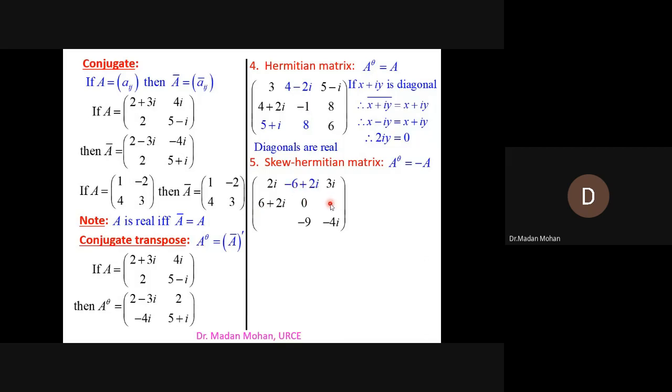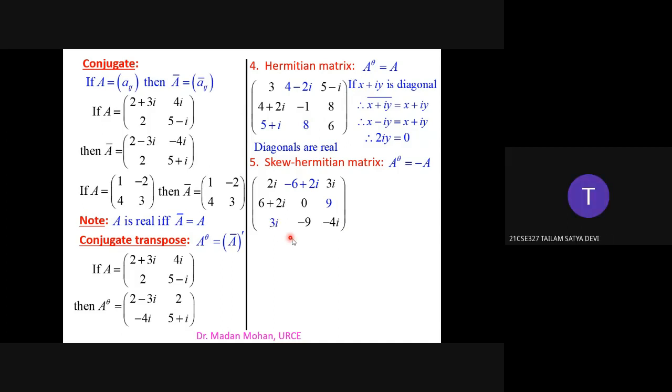Now tell me this element, in second row last. Plus 9. Very good. Now tell me this element, third row first. Minus 3i? 3i only.